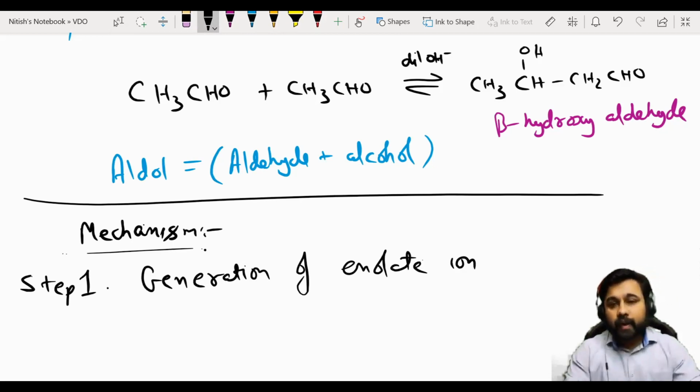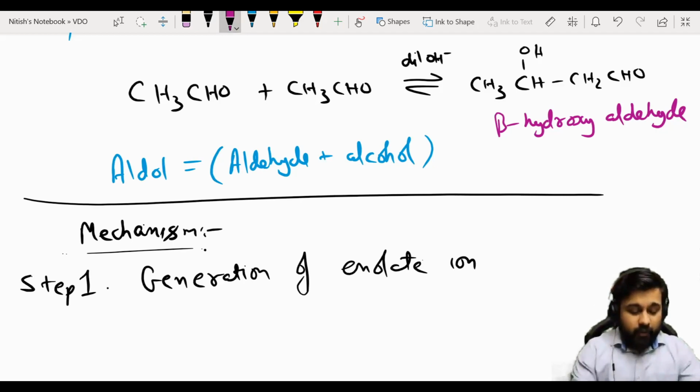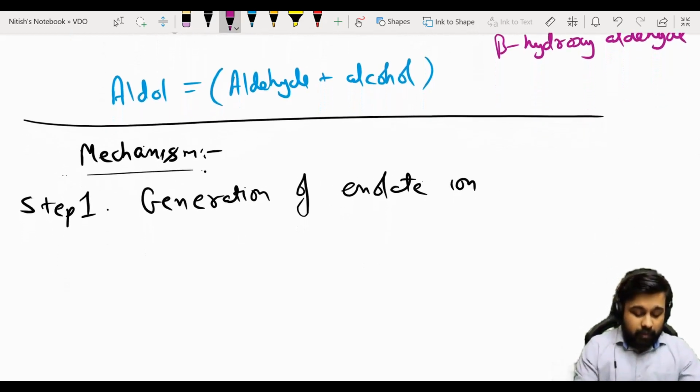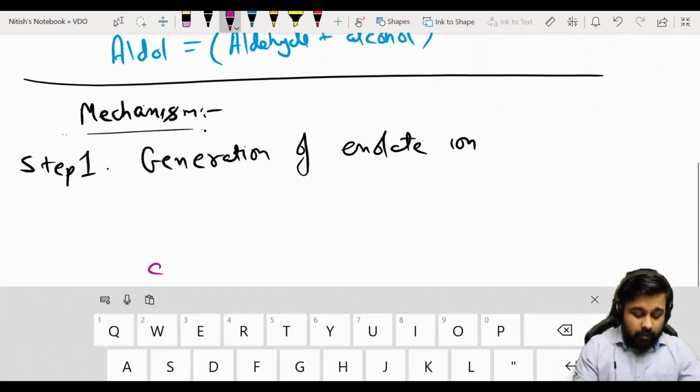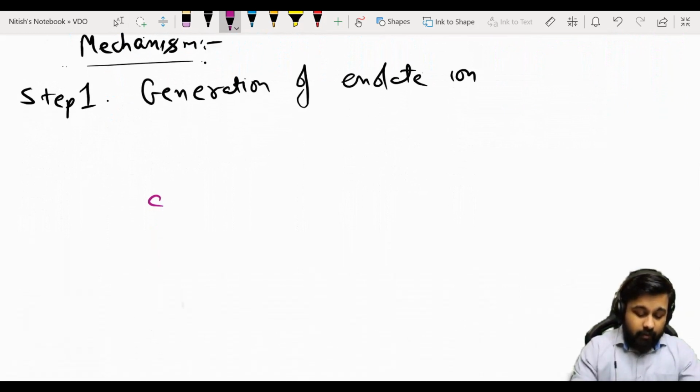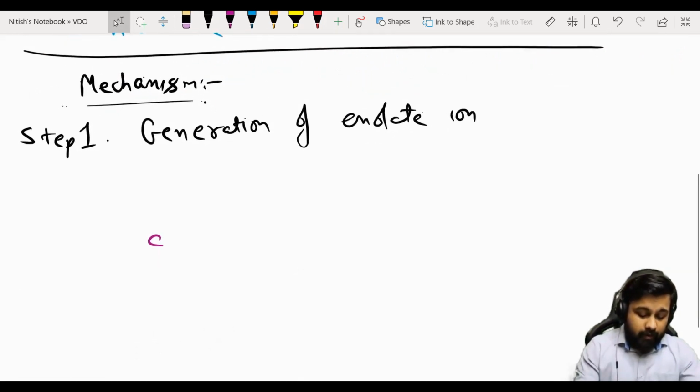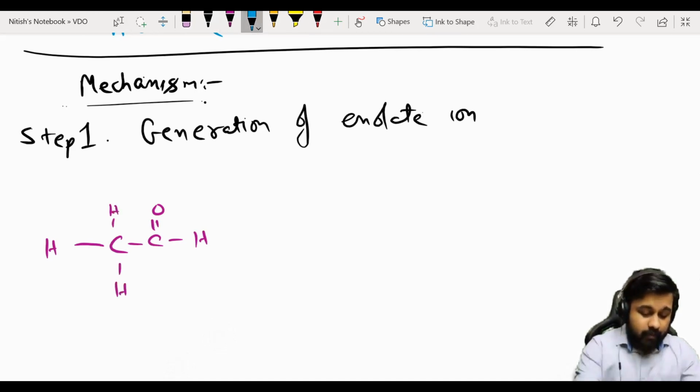The enolate ion is the ion formed during the reaction that will work as a nucleophile later on. So what is being done here? In an aldehyde with alpha hydrogen, what is happening?